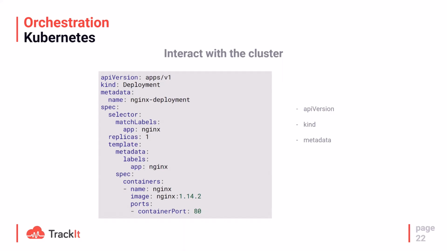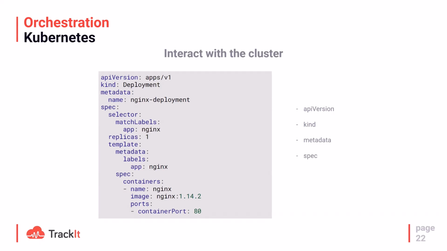Most likely you will find a name key. You also find a namespace, because you can isolate resources using namespaces. And in my example, I also have a spec key because that's how a deployment works, but the spec key will most likely change based on the kind of object you want to deploy. That's the internal configuration of the object.